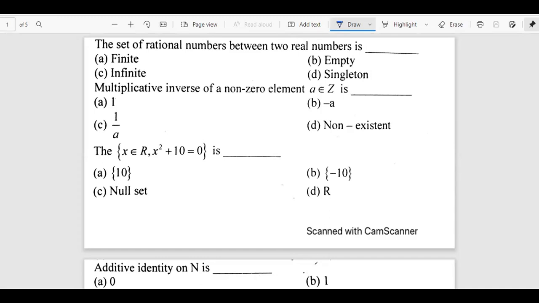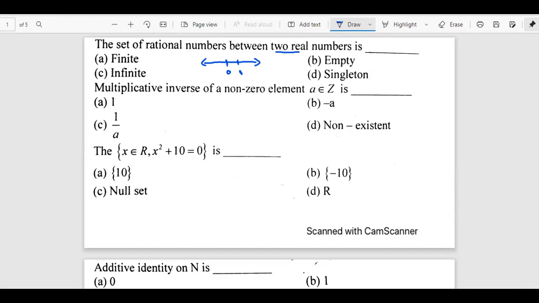All right, yes. The very first question is: the set of rational numbers between two real numbers is... Let's just draw our number line again. So we have 0 and 1. Since they're talking about two real numbers, we know that 0 and 1 are also real numbers.